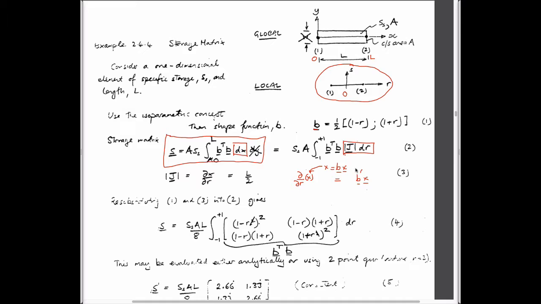So the derivatives of this will just be -1 and +1 times a half. So this element here, B prime, is just going to be equal to a half of the d/dr in this, which is -1 and +1.